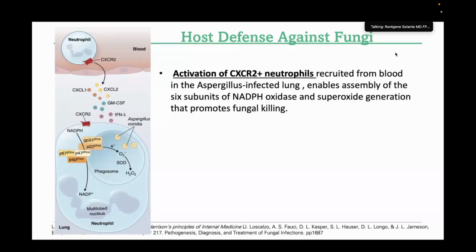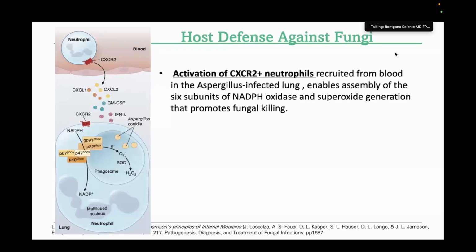Now the next group of our host defense is the neutrophil. The neutrophil in the blood can activate a specific modulator, the CXCR2, and usually this CXCR2 is stimulated when you have a patient with Aspergillus infection.